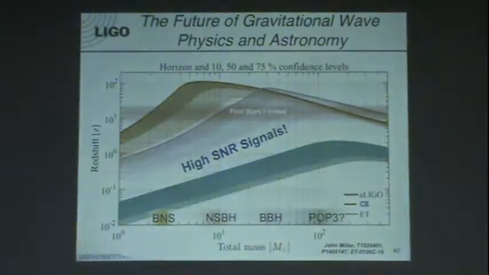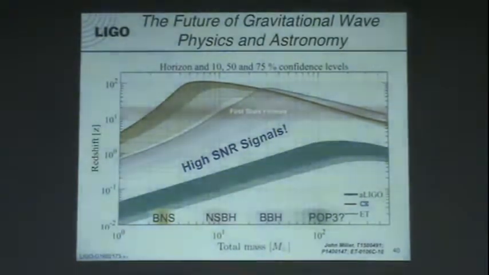We'll be able to probe out to, this is mass spectrum, this is redshift, the edge of the universe when the first stars were formed. So we'll be able to see every binary black hole merger that ever existed. The time scale for this is maybe 15 years or so. So this is really quite an exciting frontier.